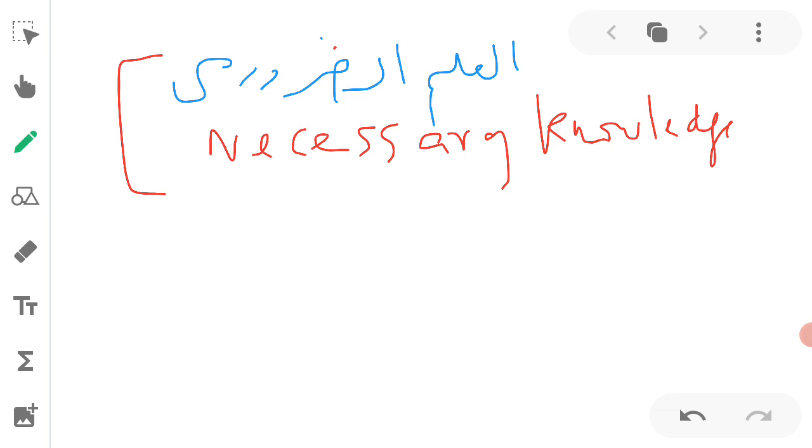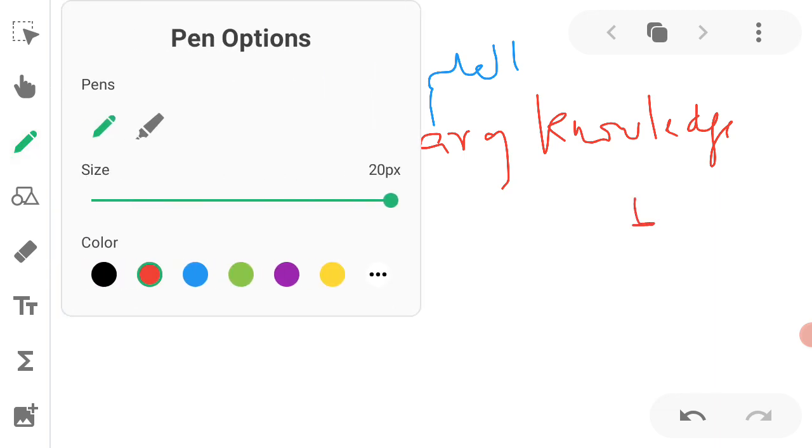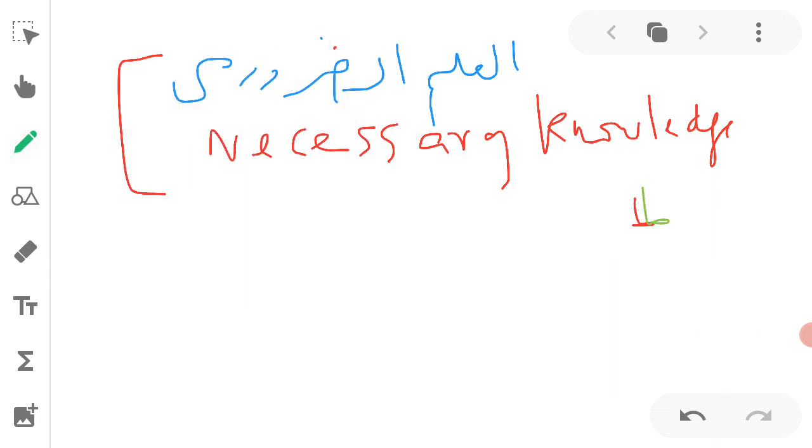So he defines necessary knowledge as ما لا يقع عن نظر واستدلال. He means ما لا يحتاج here.